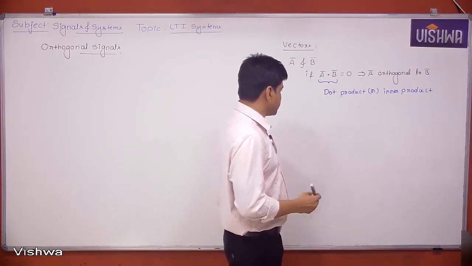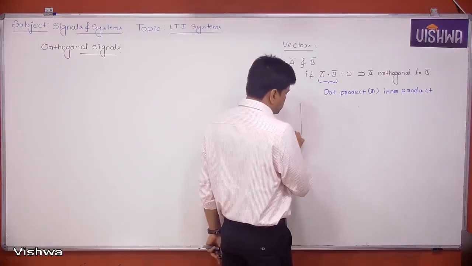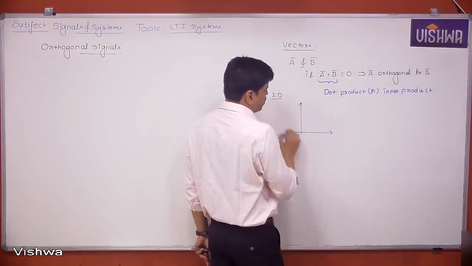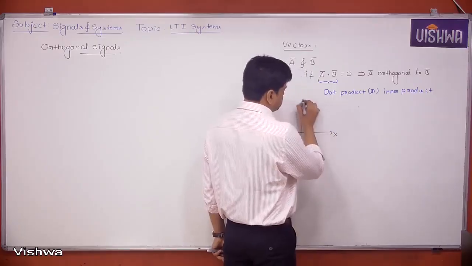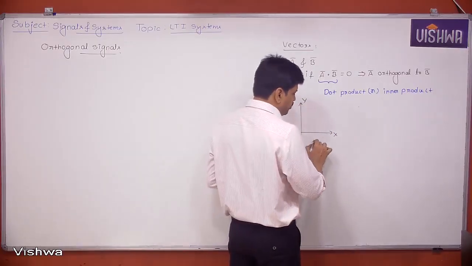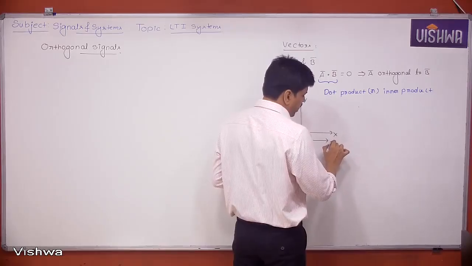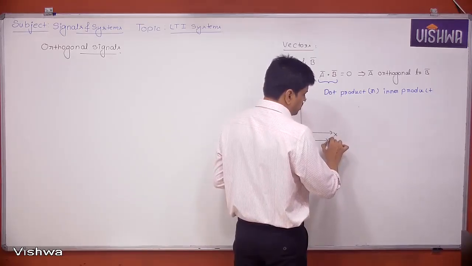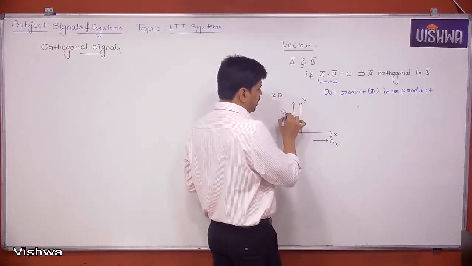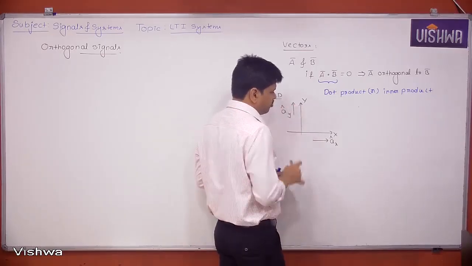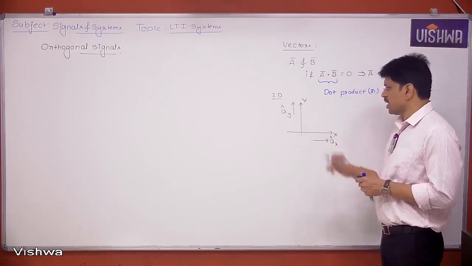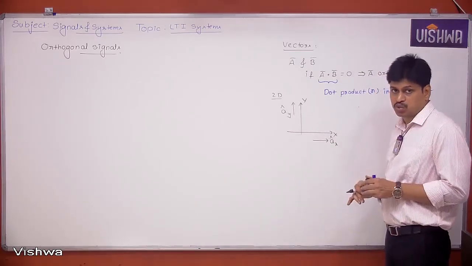And let's take two dimensions, 2D. In that, this is the x-axis, this is the y-axis. A unit vector along the x-axis, let's call it ax cap. And there is a unit vector along the y-axis, which is ay cap. Ax cap and ay cap are orthogonal, yes.